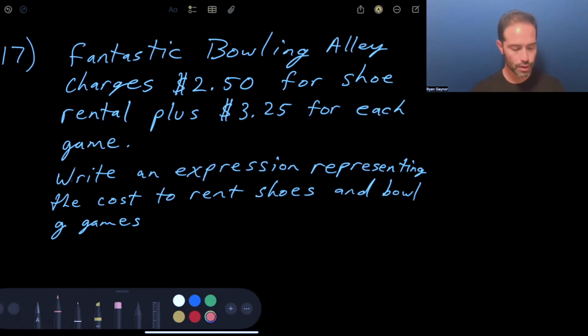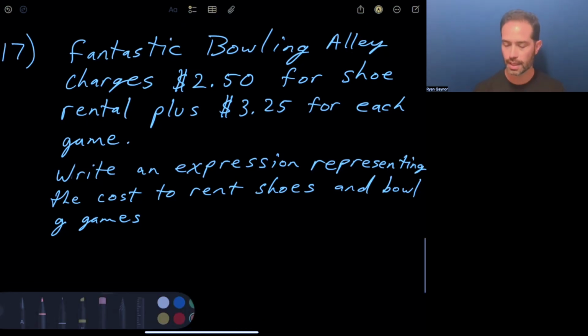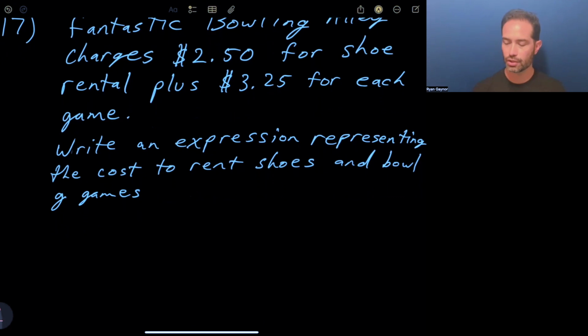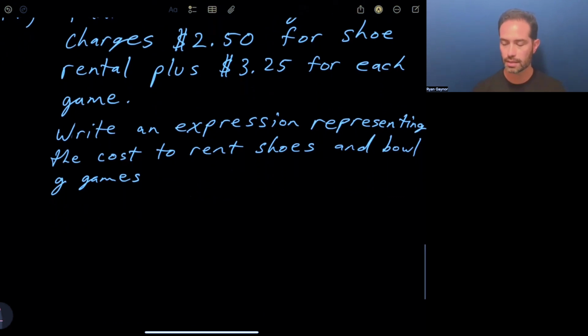They want you to write an expression representing what they just wrote in here. So let's read this again. Fantastic Bowling Alley charges $2.50 for shoe rental plus $3.25 for each game. So we can start with the $3.25 for each game.